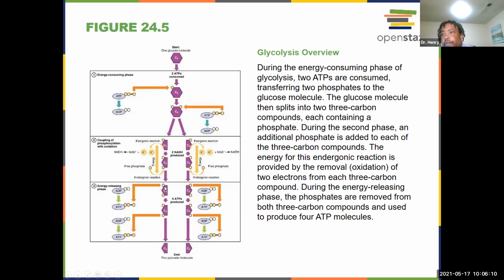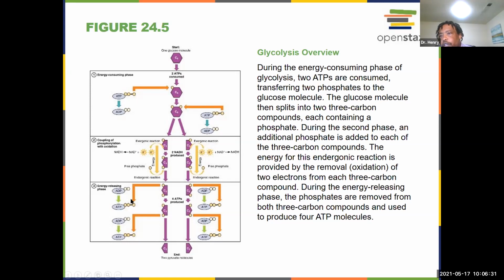Then these doubly phosphorylated three-carbon sugars are further processed, and as a result you get ADP.